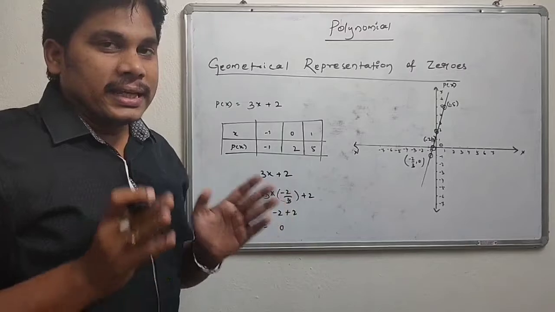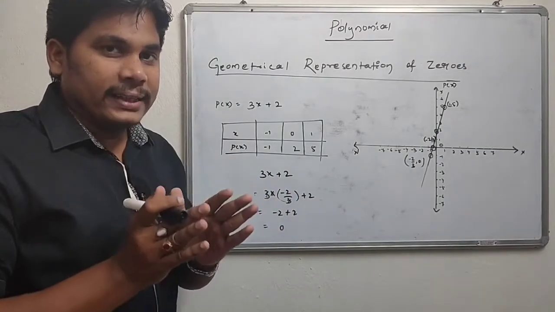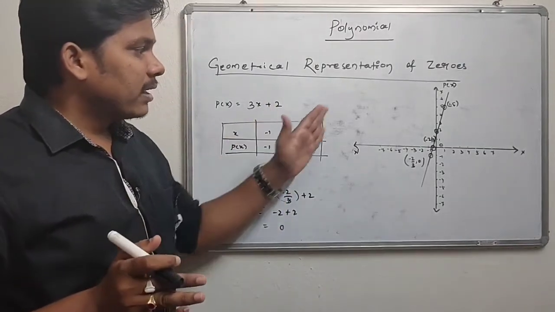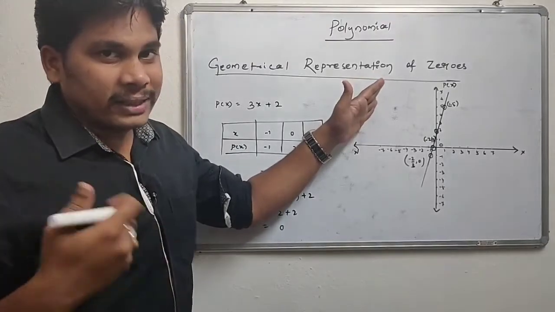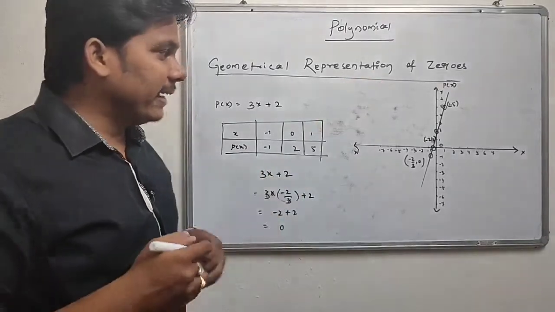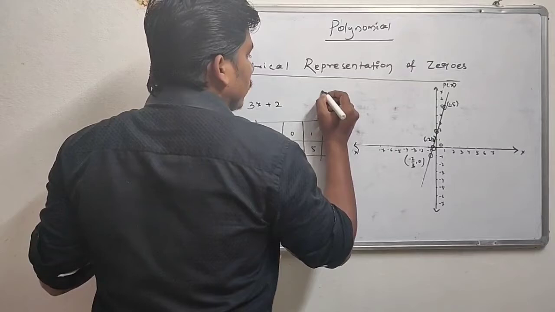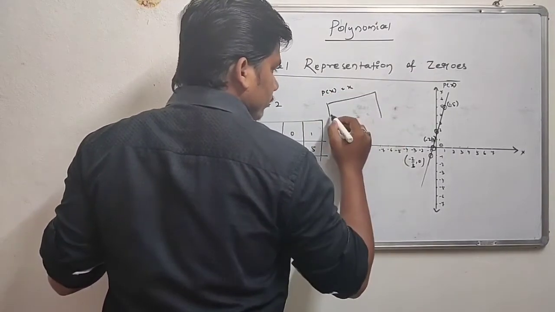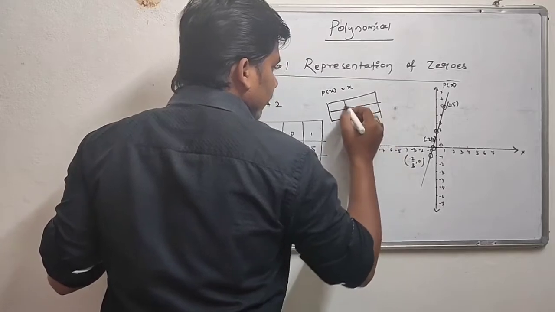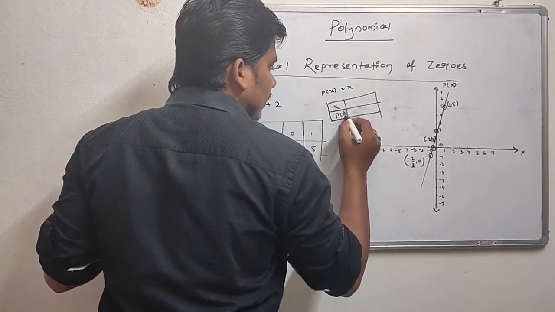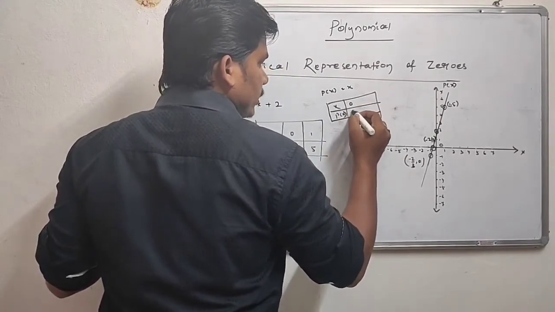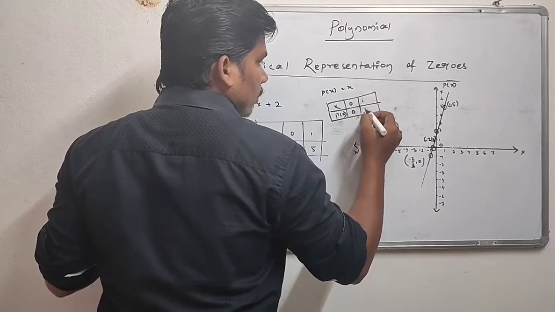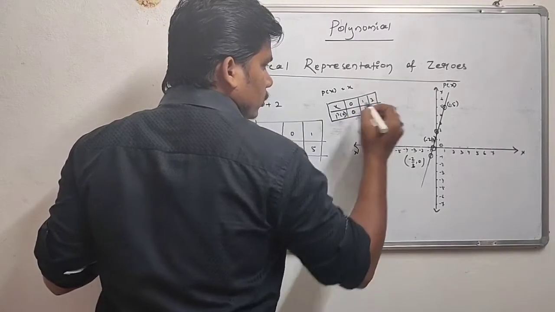Understand, my students? In the same way, we can find the zeros for the linear equation. If I take the equation px equal to x, see here, if I take x and px, if I take 0, this will be 0, this will be 1, this will also be 1, this will be 2, this is also 2.